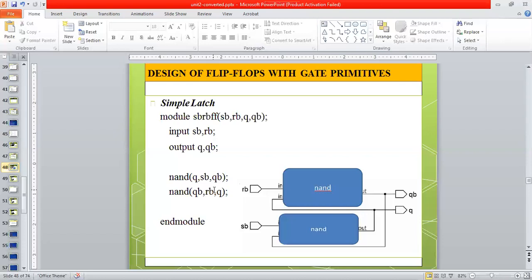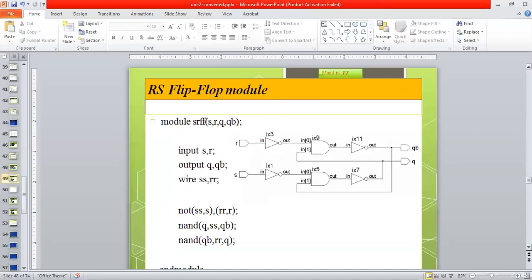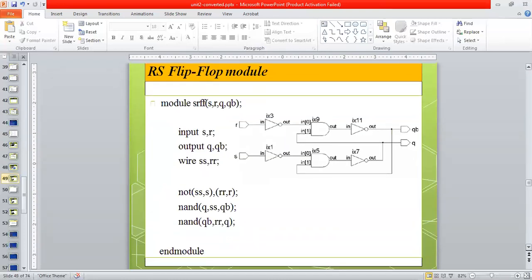For these examples, I am taking flip-flop implementation. This is the design of a flip-flop, and we terminate the program by using the endmodule. Now I'll talk about the RS flip-flop.